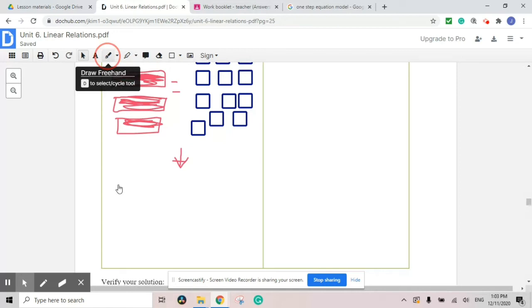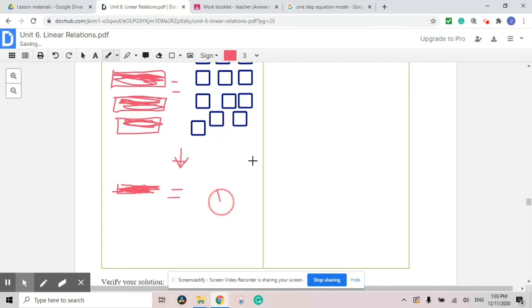We've got to make one x strip, or c in this case, equal to a question mark.